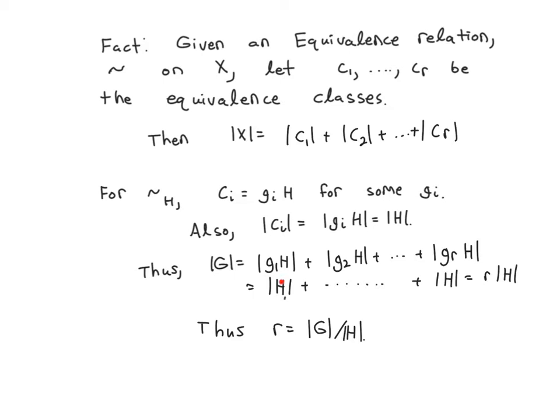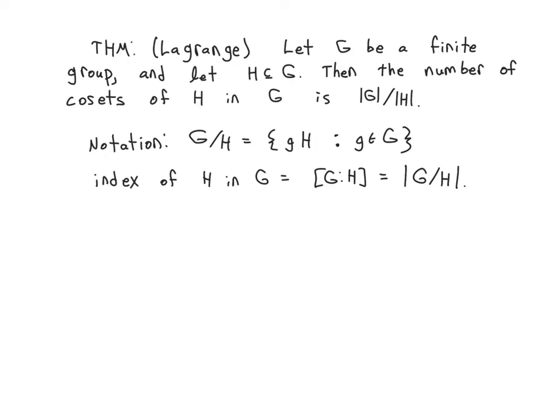What happens when you add the same number up several times? Well, just multiply that number by the number of terms. So the size of G is the size of H times the number of cosets. So congratulations, you've now discovered the number of cosets is equal to the size of G divided by the size of H. Congratulations, we've now proven a theorem.